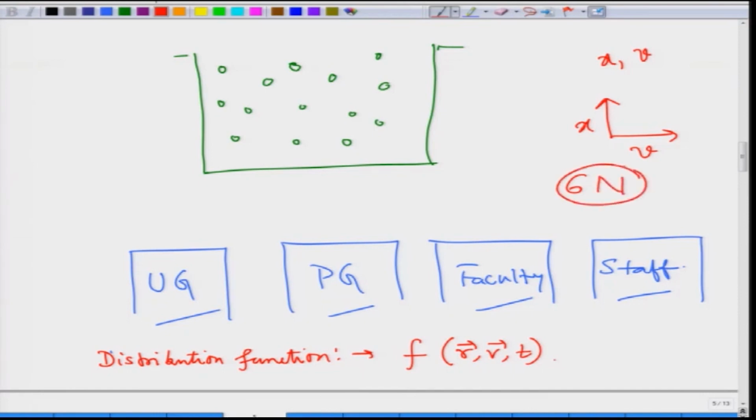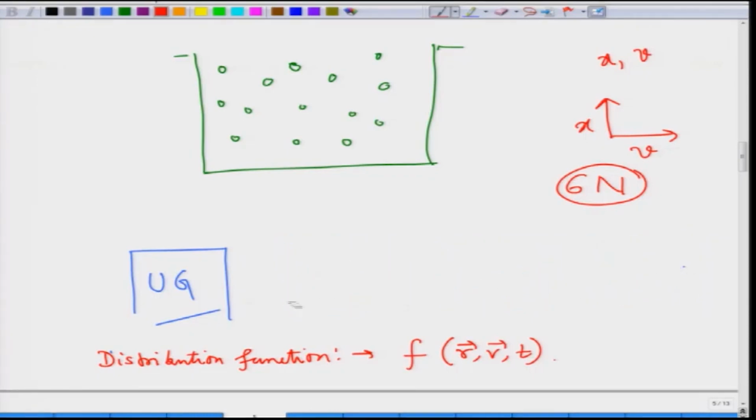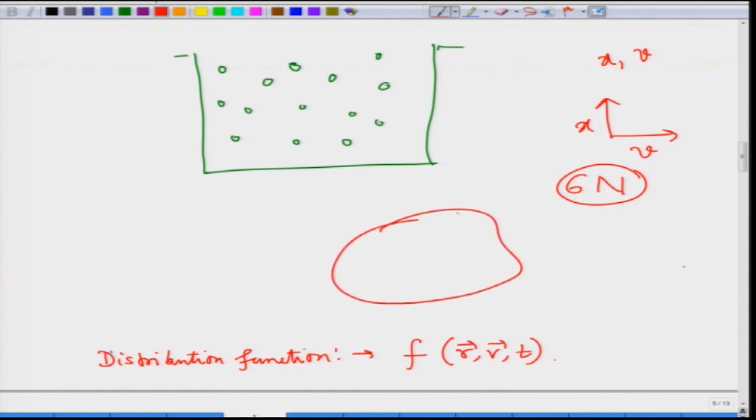And the global state of the system, if I define the state of the system like this, with positions R1, R2, R3, R4 and so on, and velocities V1, V2, up to Vn.